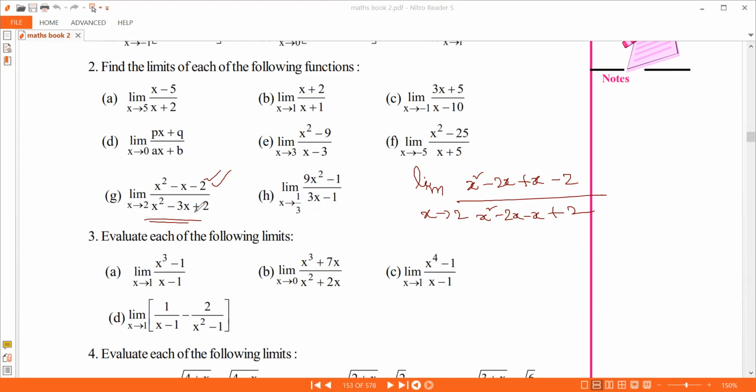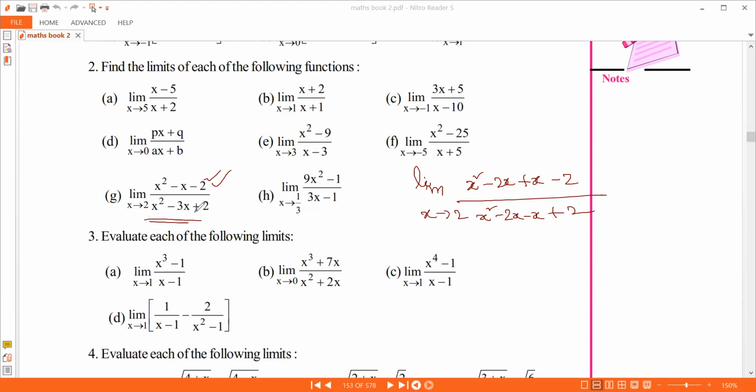Why are you cancelling? No, I have to do it again. So 4 minus 4 into 8, 8 plus 2 minus 2. So 2 squared is 4, minus 8, minus 2, plus 2.